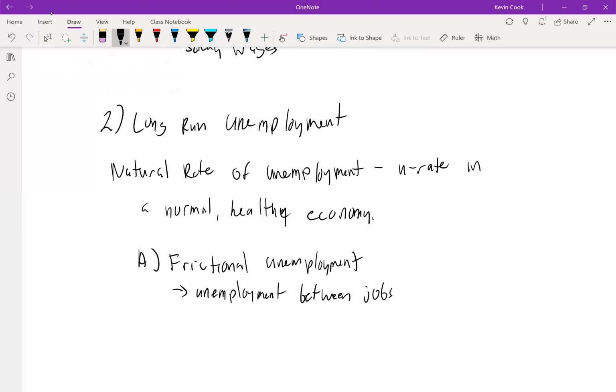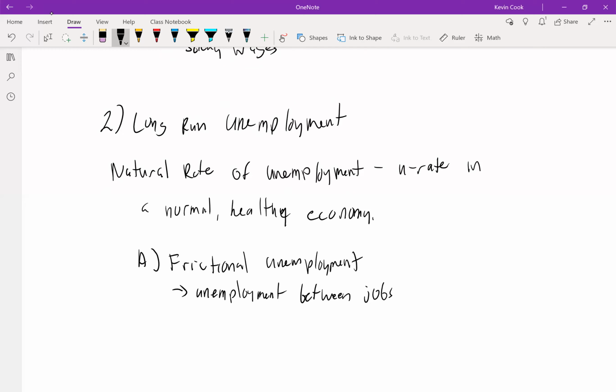So I look for a new job, and then I get hired somewhere. There's going to be some time between the time that I leave my job and the time I enter that new job where I'm unemployed. Or maybe I say, you know what, I'm moving to Boise, Idaho. So I leave my current job and go up to Boise and start looking for a new job up there.